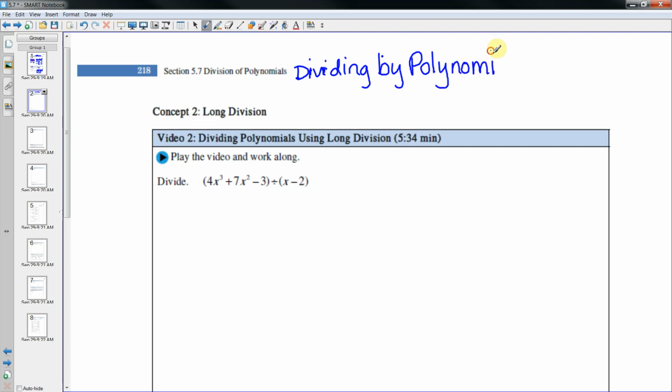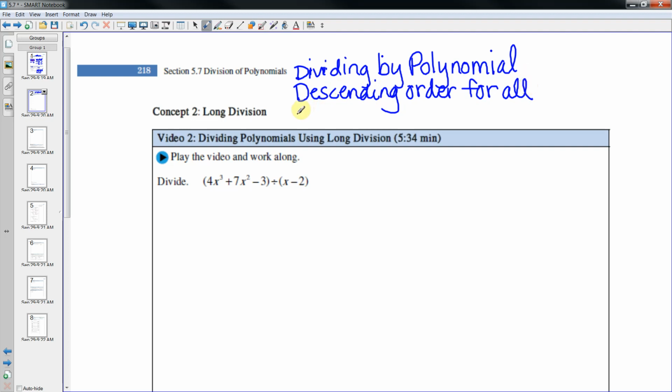The ones we do are going to be all binomials, but in a later math class you could have a longer polynomial to divide by. We need to make sure that we have descending order for all, so that means descending order in the numerator and descending order in the denominator.